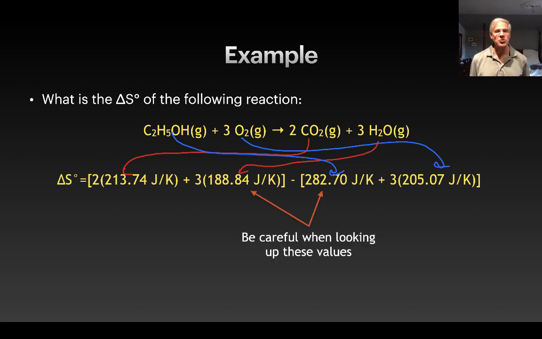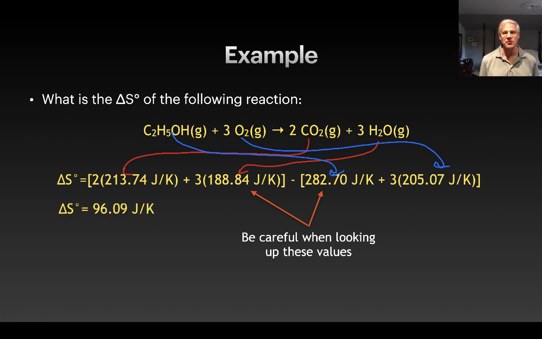Okay, so products minus reactants there. Again, be careful when you're looking up some of those values. We've got the water in a gas form, so you've got to be careful about that because you will be able to see water in liquid or water in solid form in that table. You want to make sure that you're looking up the correct value. Ethanol as well. Ethanol is generally present as a liquid at room temperature. This particular reaction uses it as a gas, and that's okay, but they're going to have different entropy values, so you always want to make sure you're looking up the correct one.